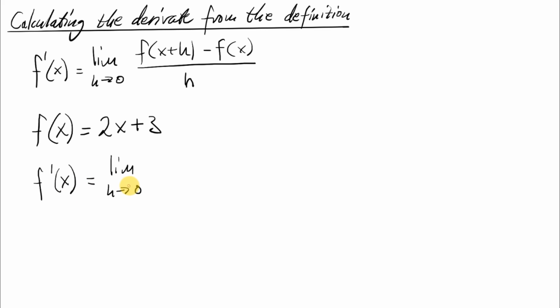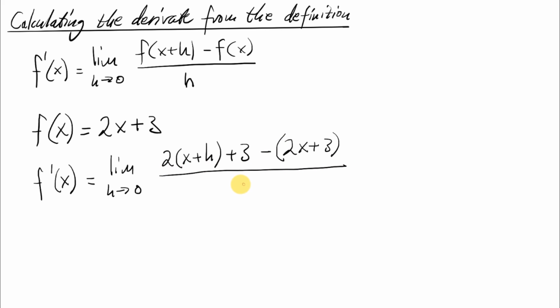So we calculate from the definition, then we first have to calculate f of x plus h. That means we have to put in x plus h here. And that will give us this one. Then we need to subtract f of x, and that stands just here, so just read it off. And then we need to divide by h.